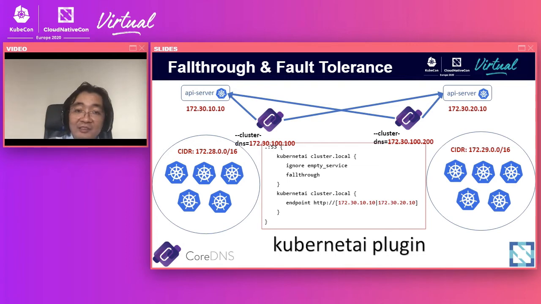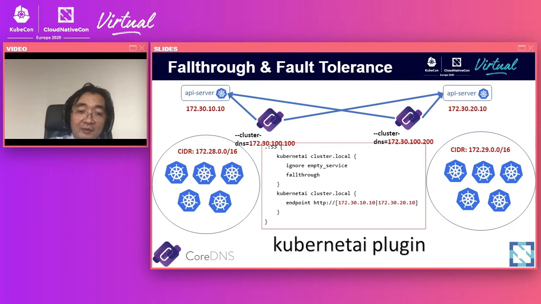With this configuration, as you can see, if a service is reachable within the same cluster, it will be reached there. If it's not reachable, CoreDNS will fall back to the second cluster and fetch the service for you. So if you deploy two services of the same name in two clusters, that could serve as fault tolerance, because you have two.